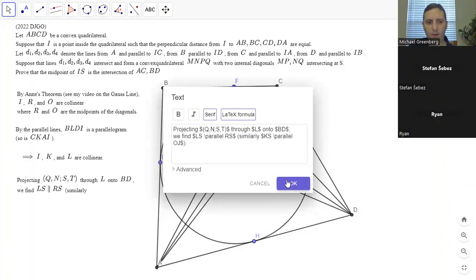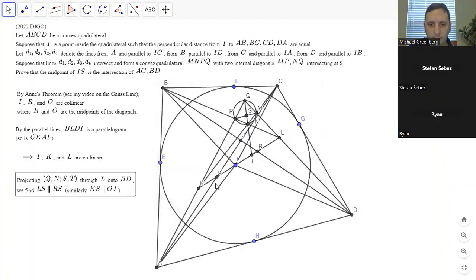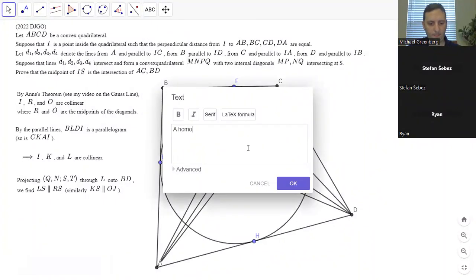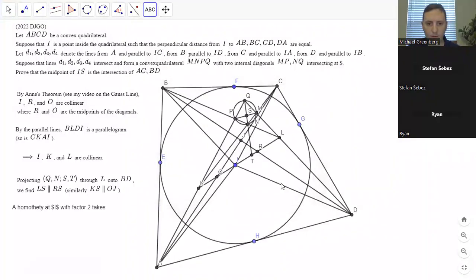So then a homothety at I with ratio 2 takes OJR to KSL.